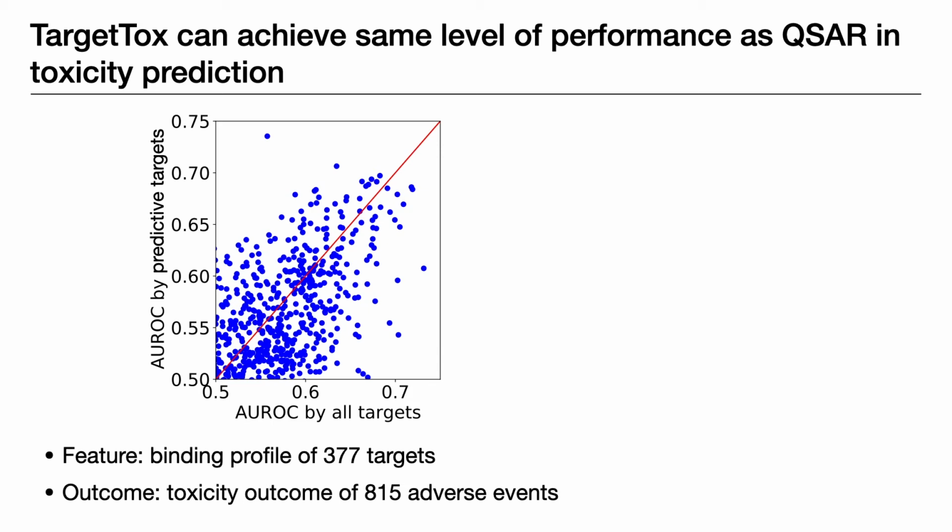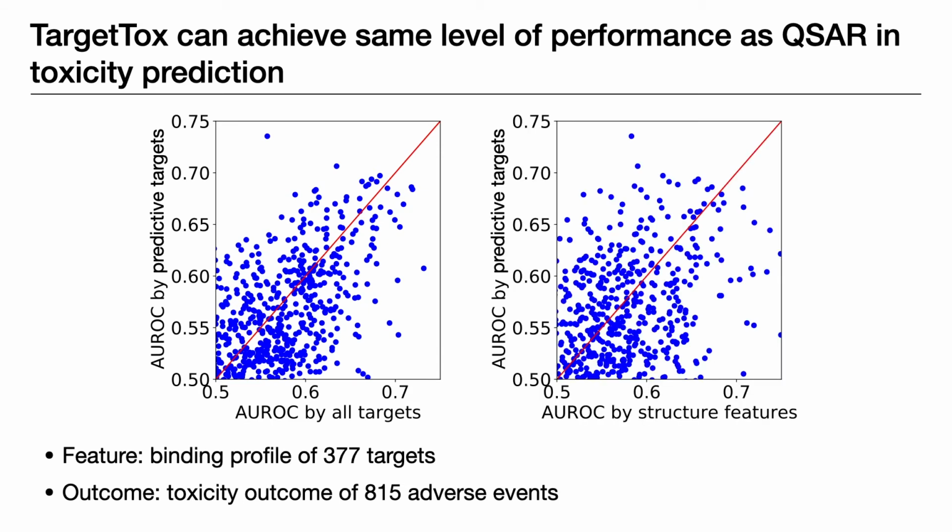And the same thing happened when we compared predicted targets to conventional structure-based QSTAR models. That means through TargetTox, we only achieved the same level of performance as conventional QSTAR models, with no significant improvement. But we still think TargetTox can beat QSTAR in terms of interpretability.